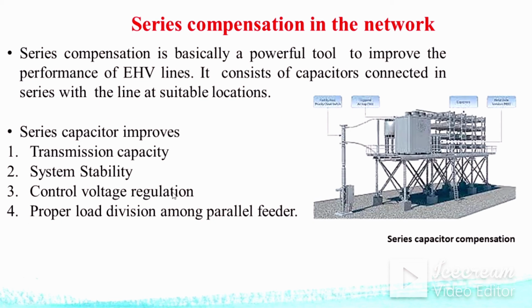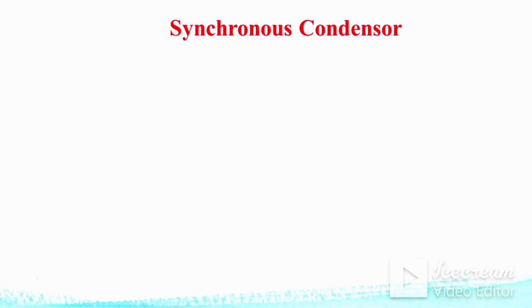So basically this series capacitor improves the transmission capacity and the system stability, it controls the voltage regulation so that it maintains the voltage magnitude constant, and proper division of the load can be done among the parallel feeders. So these are the prominent important features of compensating with the help of the series capacitor.